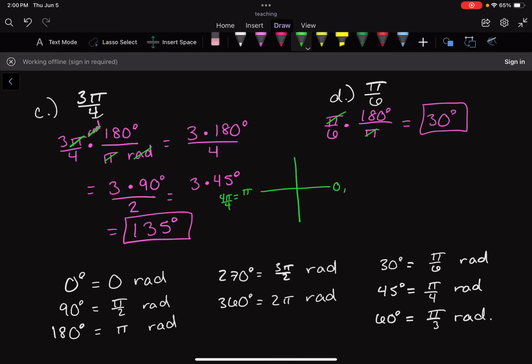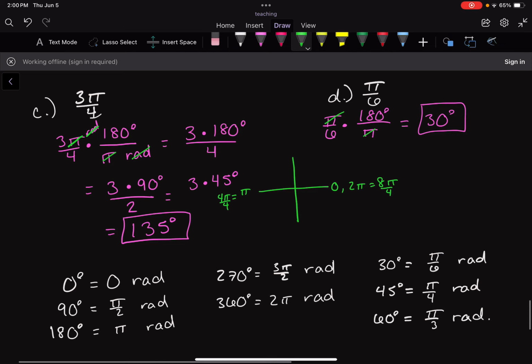And I can write this as 2 pi or 8 pi over 4. Then I would think, is 3 pi over 4 closer to 4 pi over 4 or 8 pi over 4? I would definitely say it's closer to 4 pi over 4.